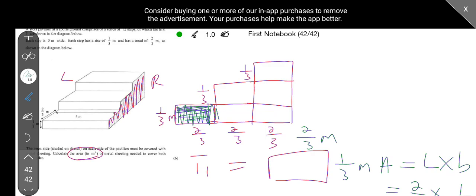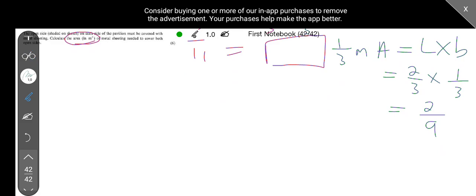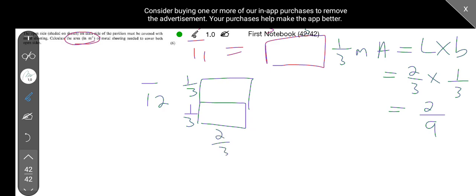Remember, we said we are focusing on the right side, and at the end we're going to multiply by 2, because whatever we have on the right, we also have on the left side. So on the second step, T number 2, we have 2 of them consecutive, one on top of the other, and this one is 1/3 and this one is 1/3, and the breadth is 2/3. To get the total height, we add 1/3 and 1/3, and this will give us 2/3 meters.